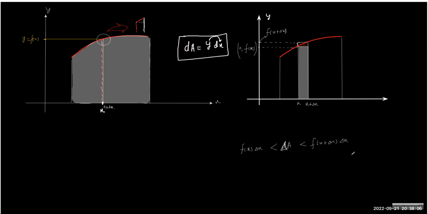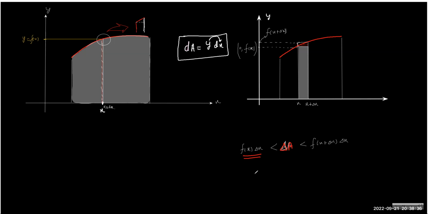Isn't it? Are you able to understand this part? That area is more than the lower limit height area. If I choose the lower end as the height, the answer is going to be less than if I choose the right end as the height. It is somewhere in between. Okay.